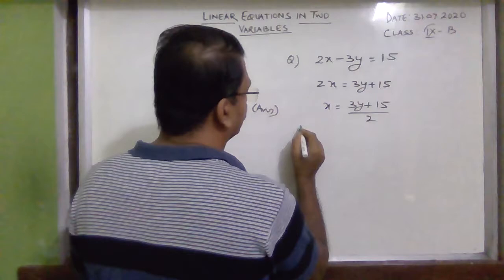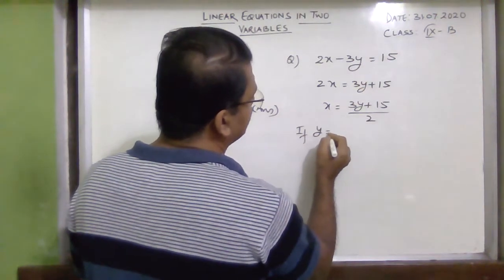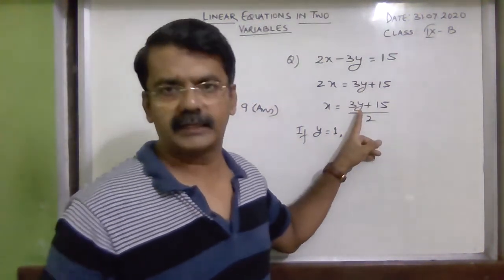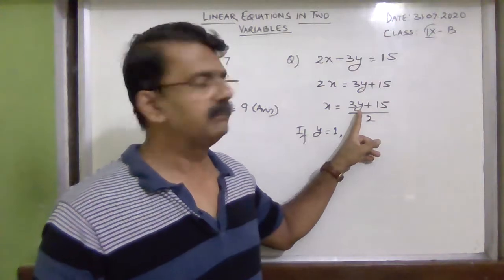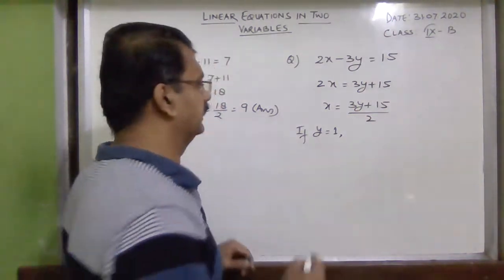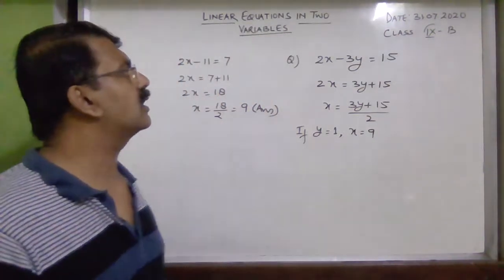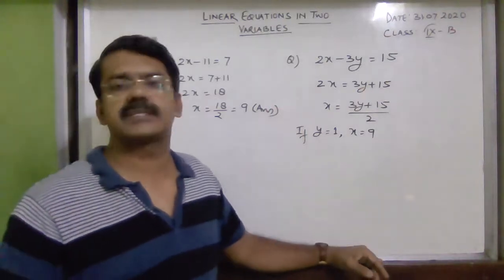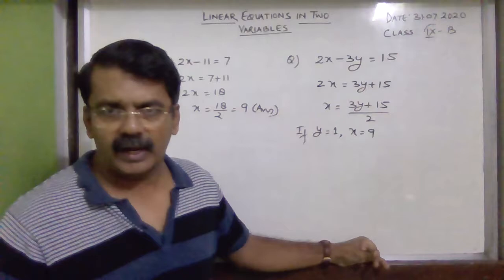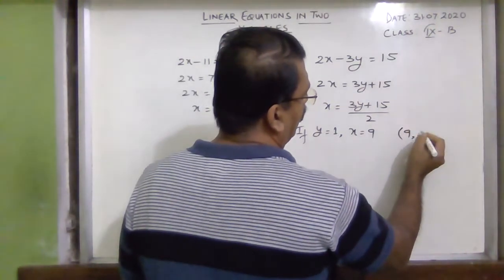Now you see, if you put y is equal to 1, 3 into 1 will be 3, 3 plus 15 is 18, 18 upon 2 will be 9, so x is equal to 9. So one answer of this linear equation can be x is equal to 9 and y is equal to 1. We can write our answer in this way, 9 comma 1.